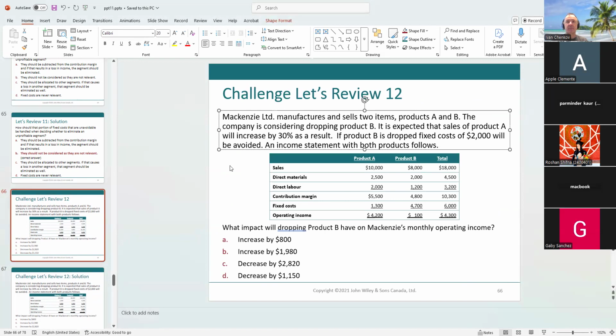Let me copy this one and move to the Excel spreadsheet and do it there. I believe this one will be Excel spreadsheet, so that table is going to be a way easier here for me to manipulate.